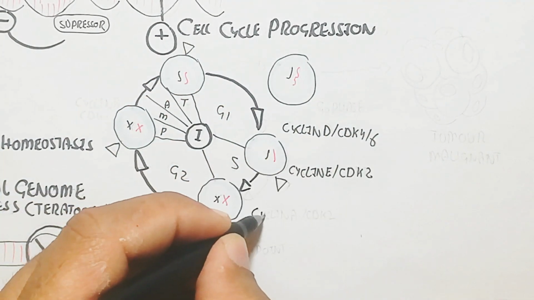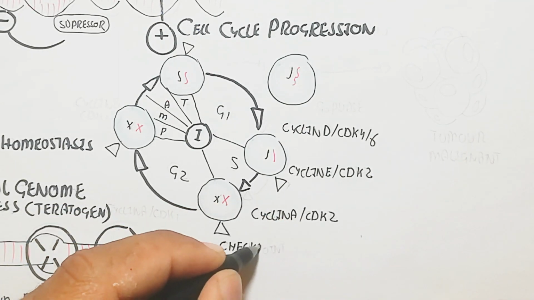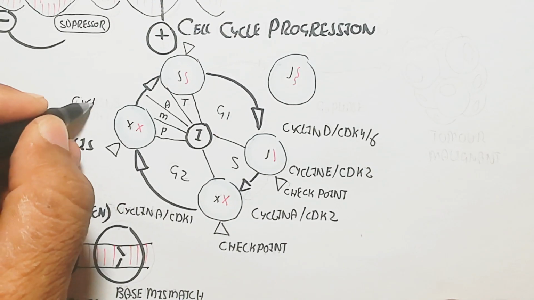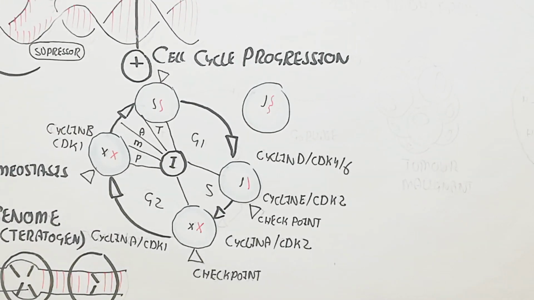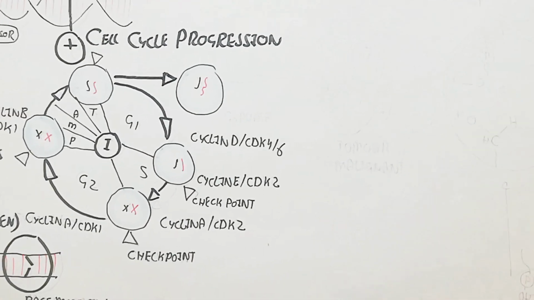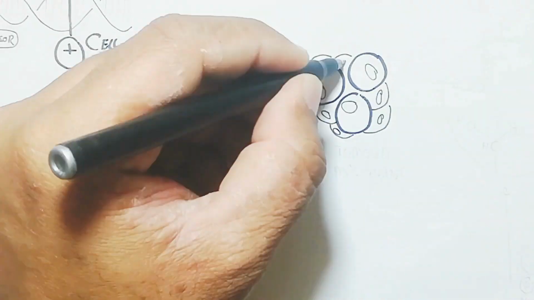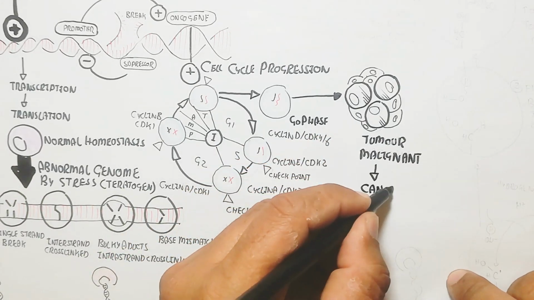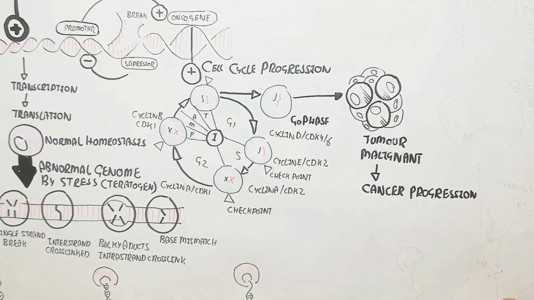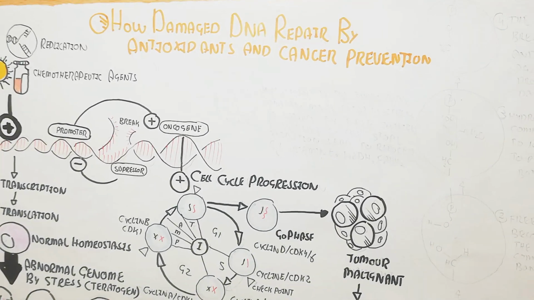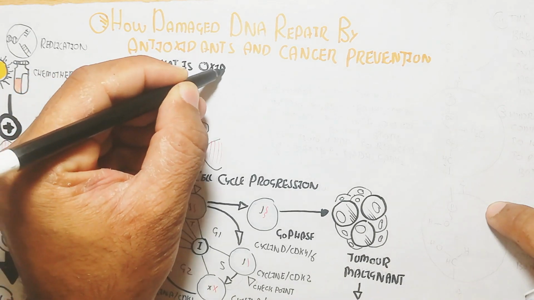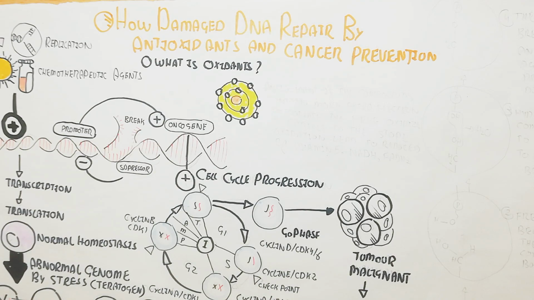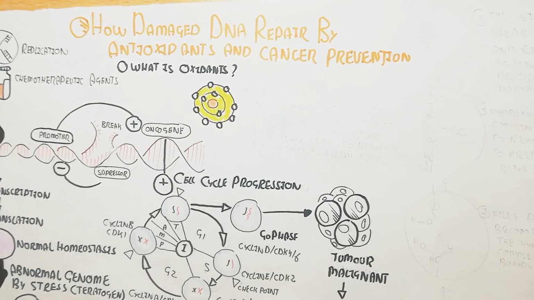Cyclin D with CDK4 and 6 works in the G1 phase, and the S phase requires cyclin E and CDK2. Cyclin A and CDK2 act at the end of the S phase, the G2 phase requires cyclin A and CDK1, and cyclin B and CDK1 progress the M phase, the mitotic phase. If this is not controlled, tumor and malignancy will occur, as cells progress in the cell cycle from the G0 phase.